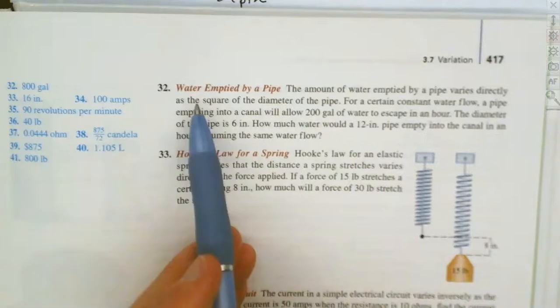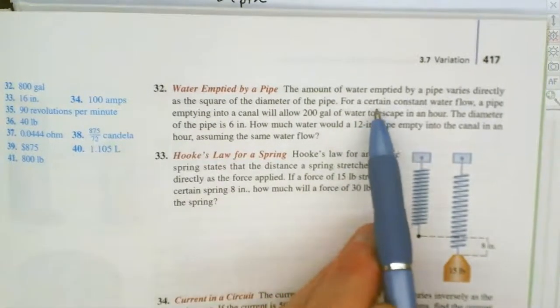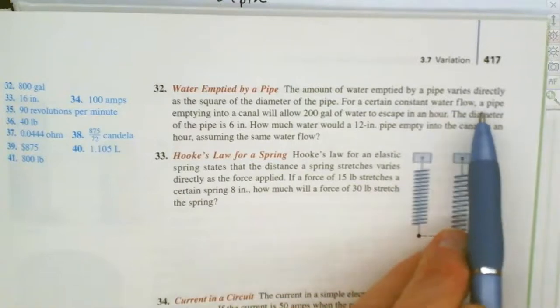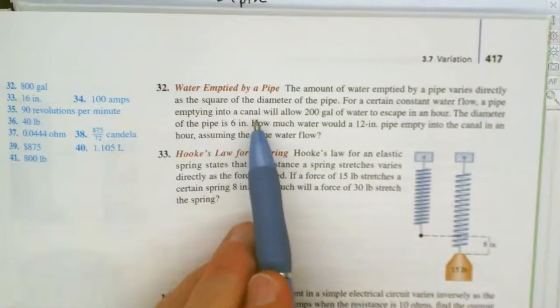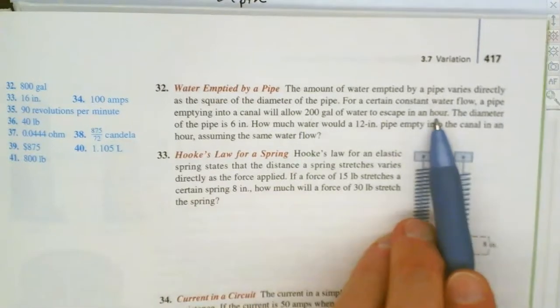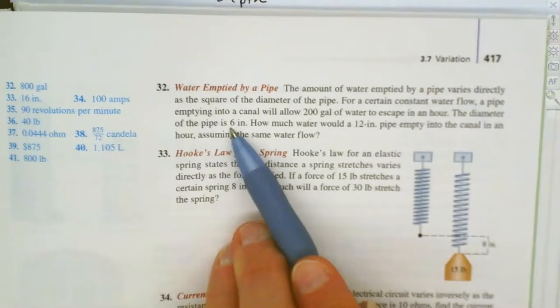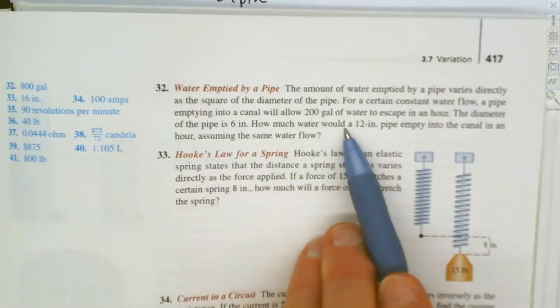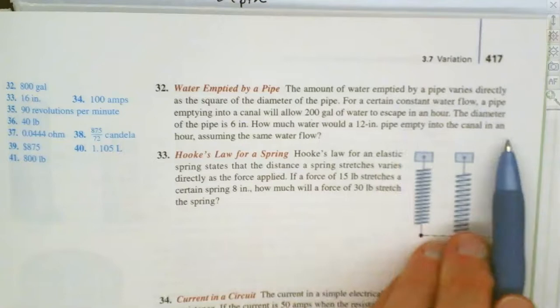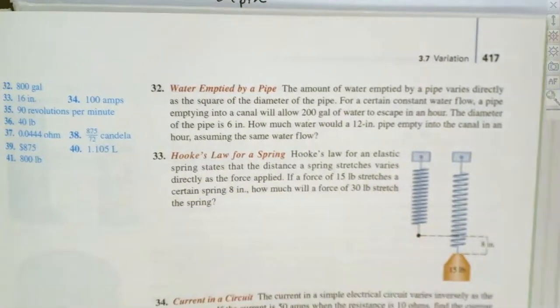Now, very important there, it says square of the diameter. For a certain constant water flow, a pipe emptying into a canal will allow 200 gallons of water to escape in 1 hour. The diameter is 6 inches. How much water would a 12-inch pipe empty into the canal in 1 hour, assuming the same flow rate?